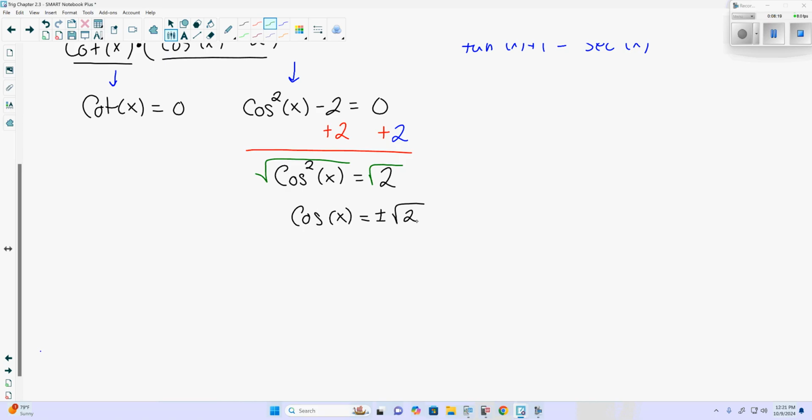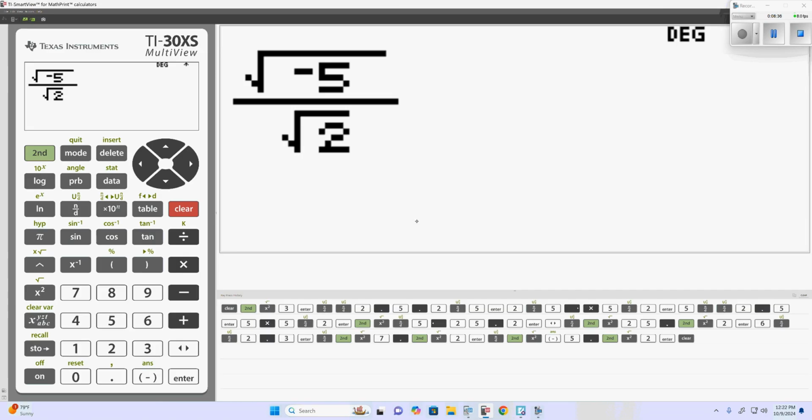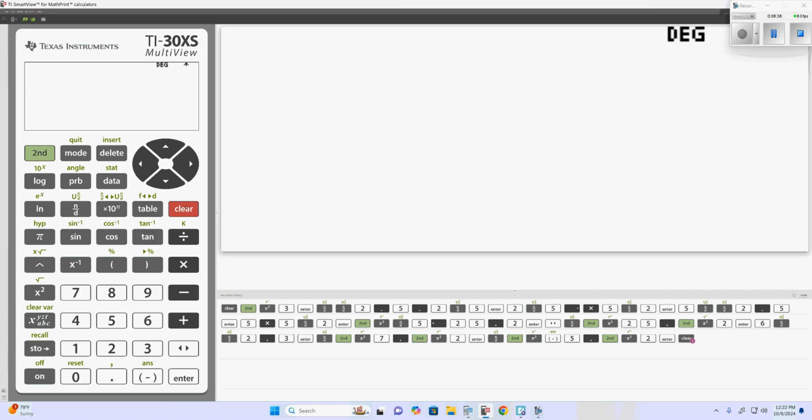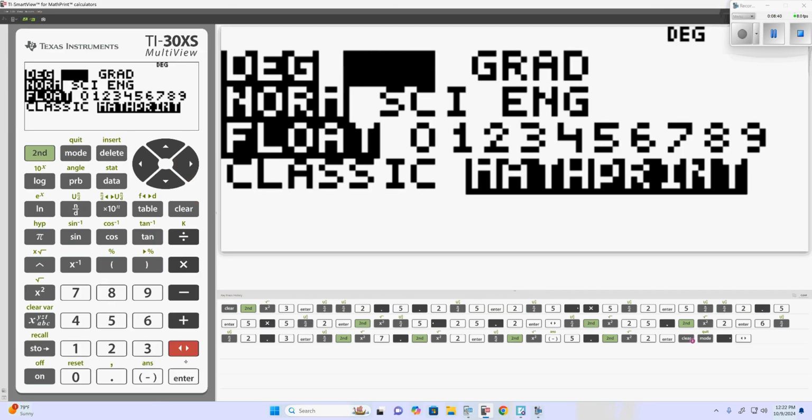We can look at the unit circle and see if, again, unit circle would be x values, if any of those x values gives us the square root of 2. Well, I don't think that's the case, is it? Because pi over 4 is square root of 2 over 2. Well, I'm going to use the calculator. Clear that out. Switch over to radians.